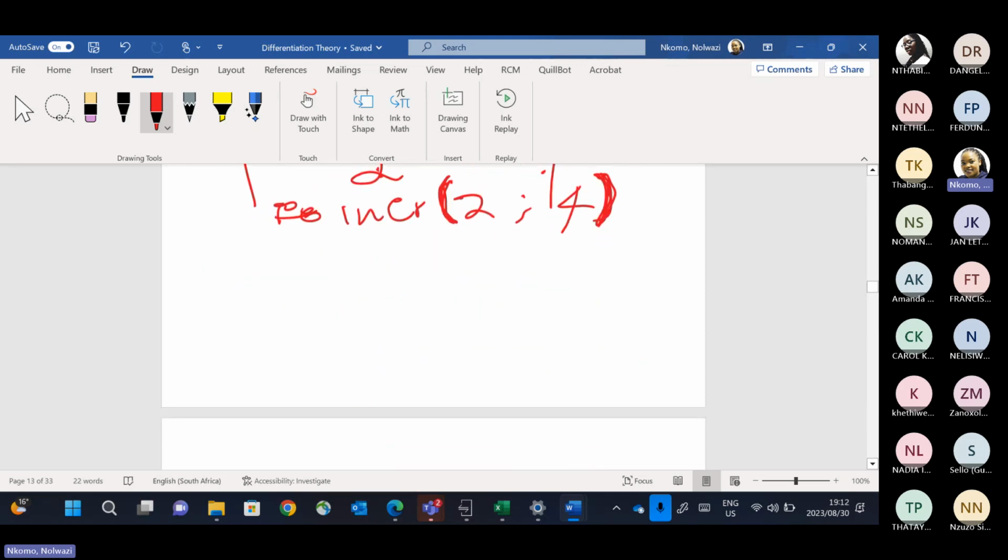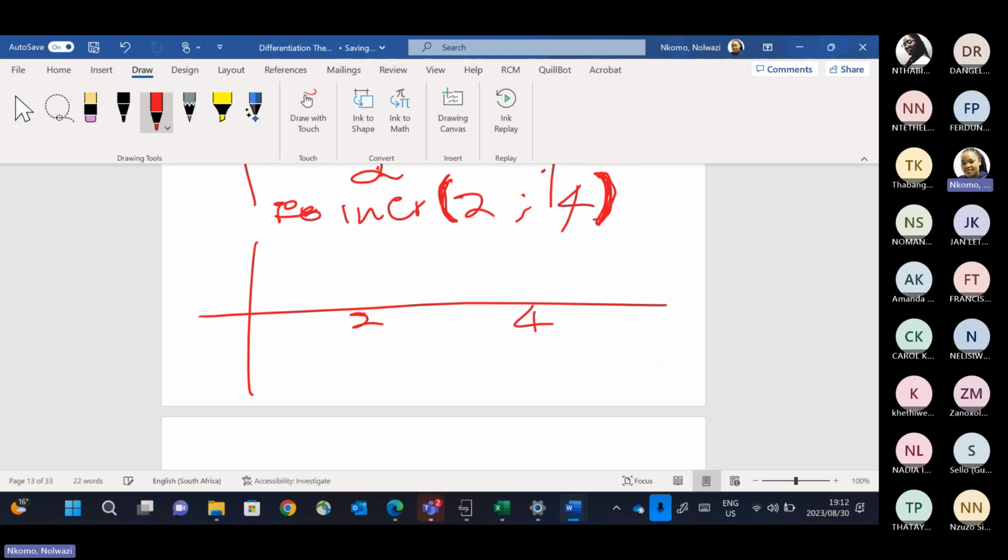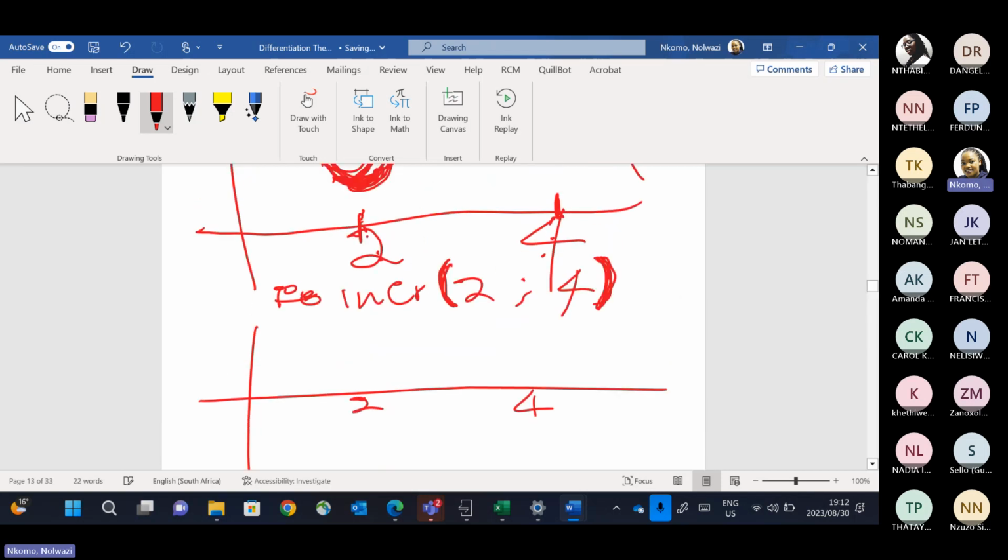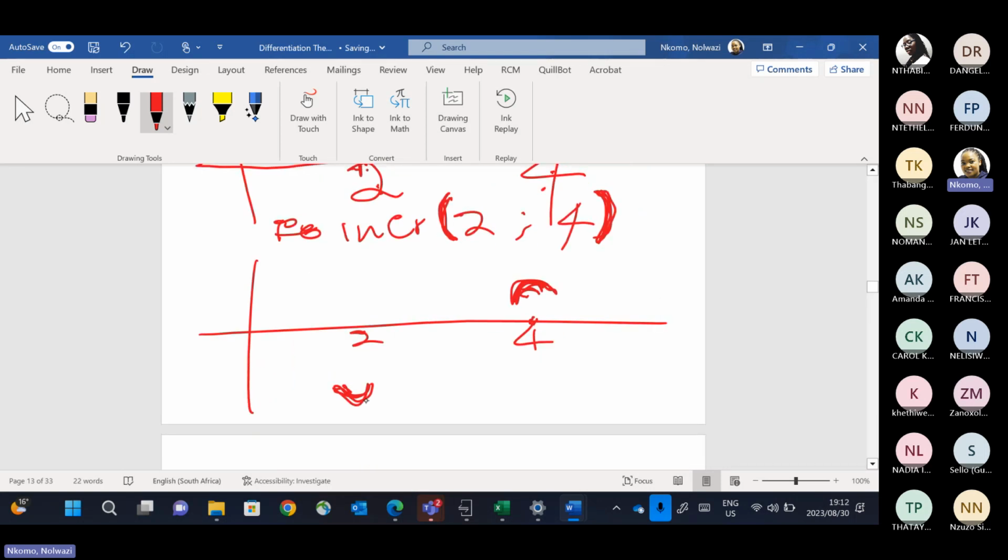Okay, maybe the corresponding value here is here, right? Yes. Maybe the corresponding value here is here. It doesn't matter in this case because I only want the shape.